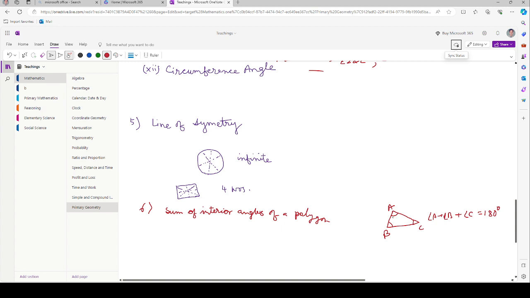Here in a triangle there are three angles, angle A, angle B and angle C, and the sum of these three angles is 180 degrees. Then we can easily find the sum of interior angles of a polygon. Say I draw a hexagon.